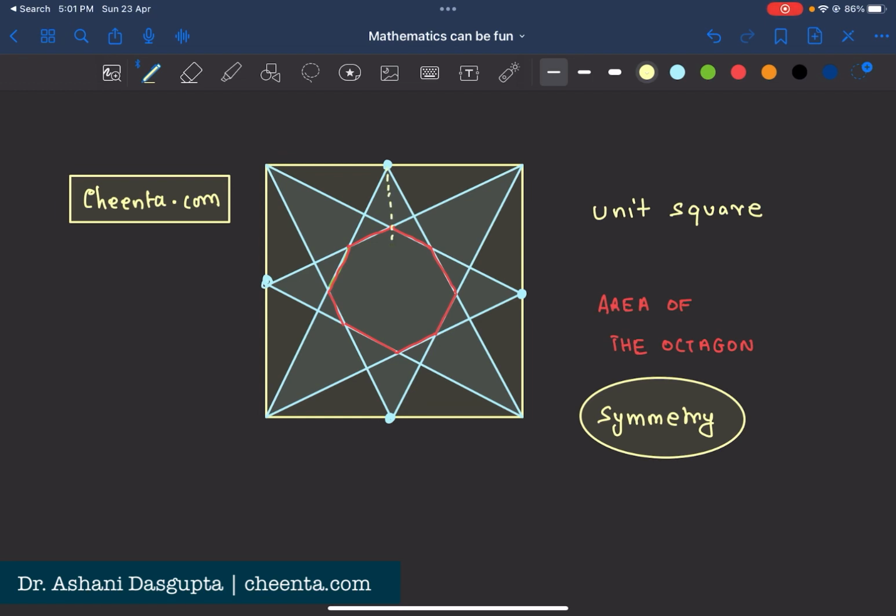Let's divide this through the midline. So this is one of the midlines. And using symmetry, you can easily see that it would pass through the intersection points of these lines. You can actually check why it would do so.